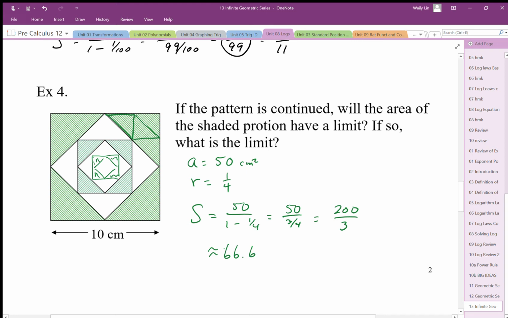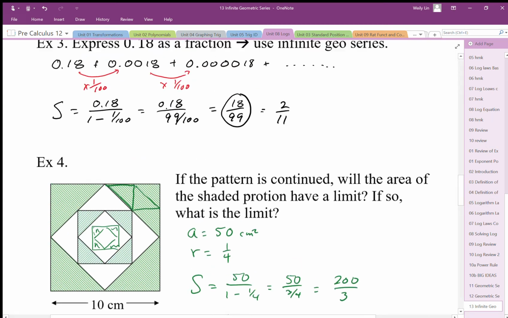If I were to fill up this square using this pattern, I'd fill up 2/3 of the square. So 1/3 of the square would be left white, and 2/3 would become shaded green.